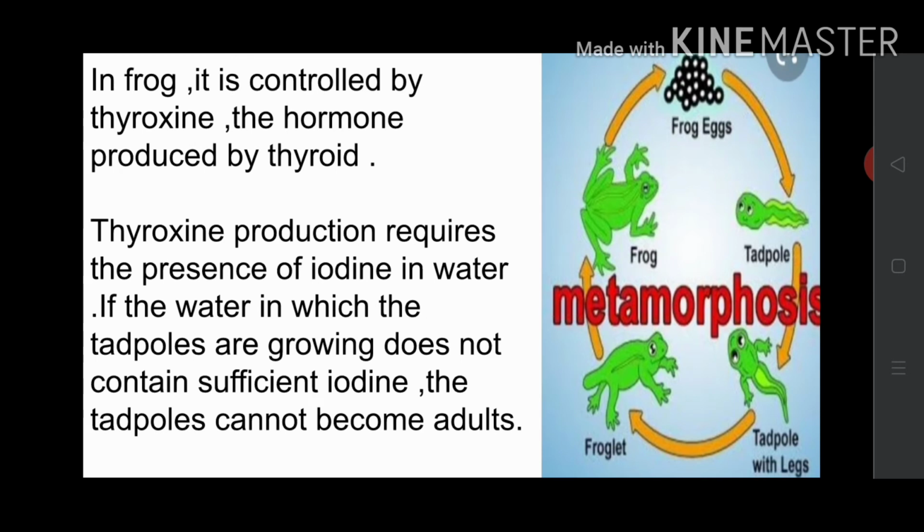In frog, metamorphosis is controlled by thyroxine. Thyroxine is a hormone produced by the thyroid gland. Thyroxine production requires the presence of iodine in water. If the water in which the tadpoles are growing does not contain sufficient iodine, the tadpoles cannot become adults.